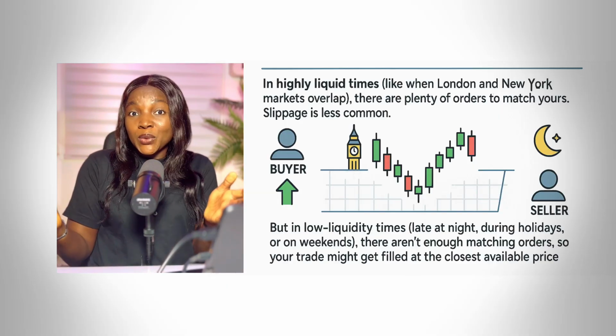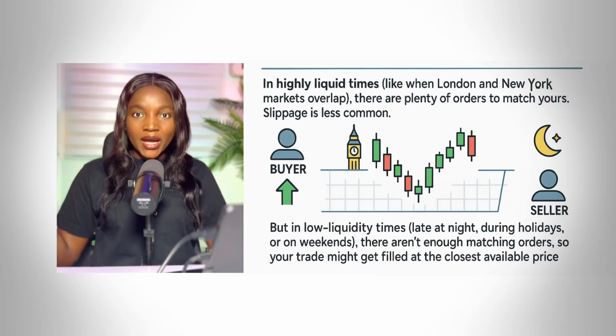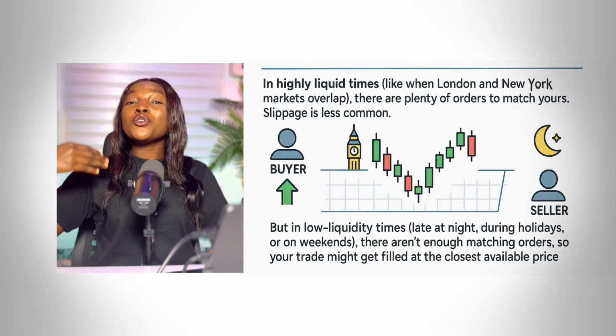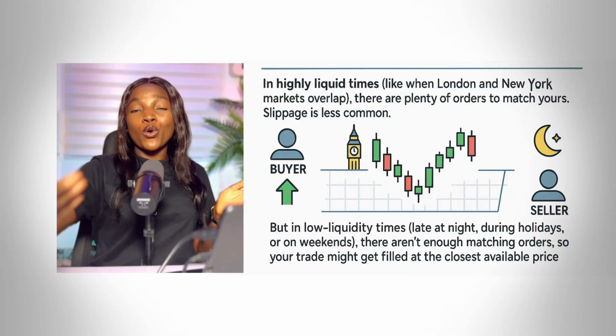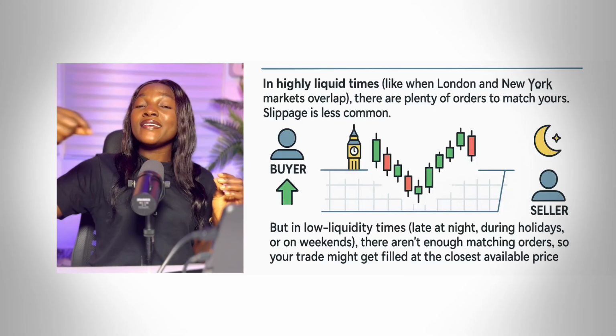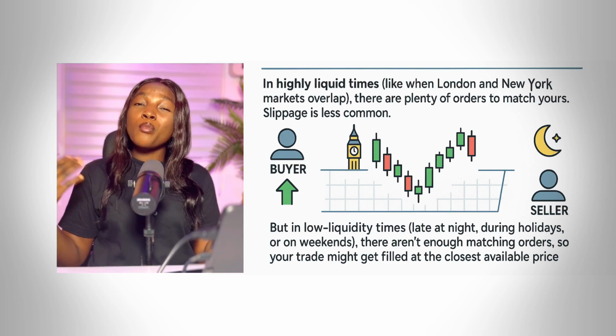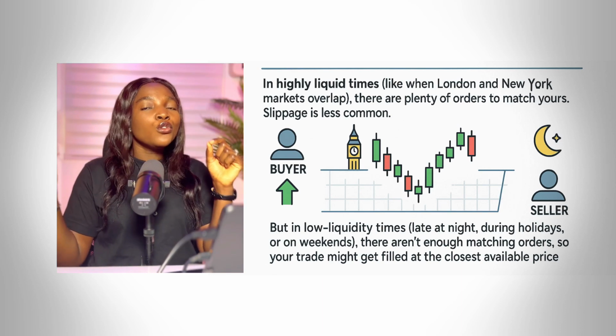During periods of low liquidity, say trading during holidays or when the market is slow, there are not so many orders matching your order. As such, your broker has to fill your order at the nearest available price and not your chosen price. So slippage may be more common during periods of low liquidity.